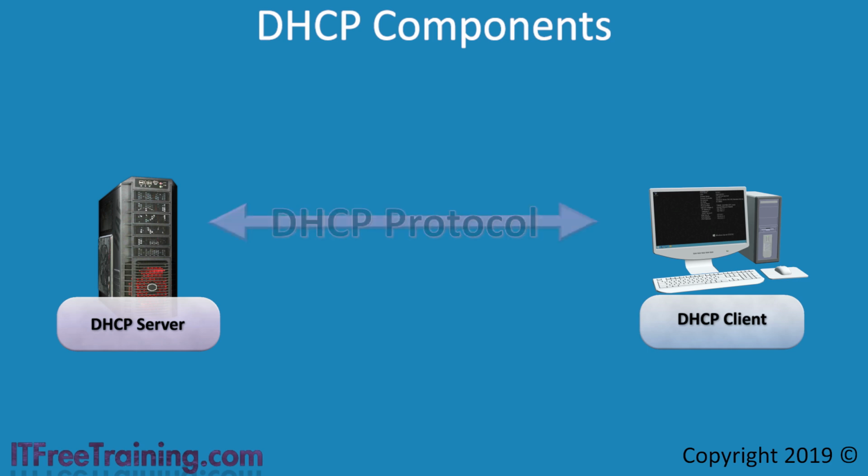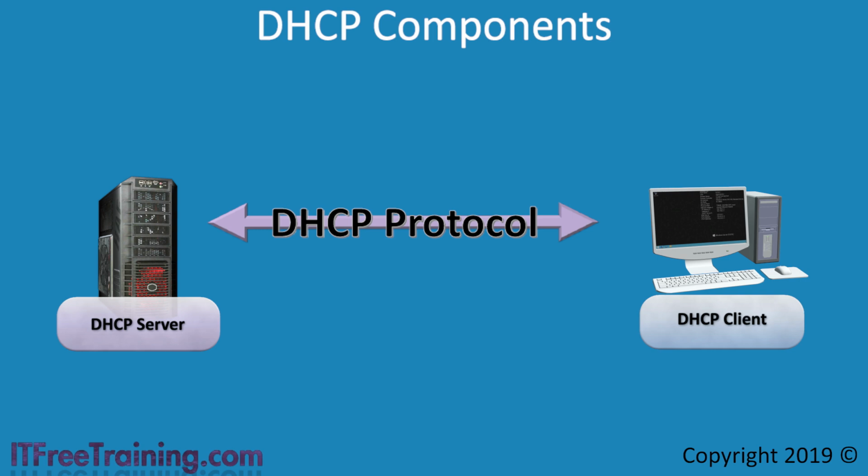The last component is the DHCP protocol. This defines the messages that are sent over the network between the DHCP server and the DHCP client. Since the DHCP protocol is an open protocol, all devices on the network can use it. All Windows client and server operating systems support the DHCP client.